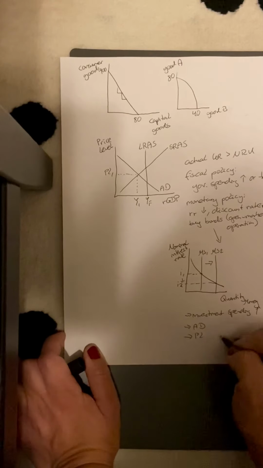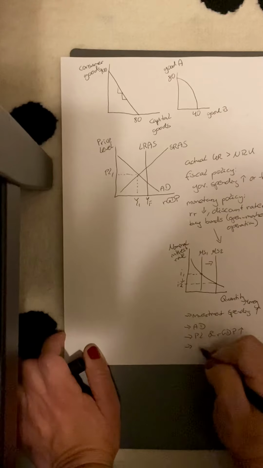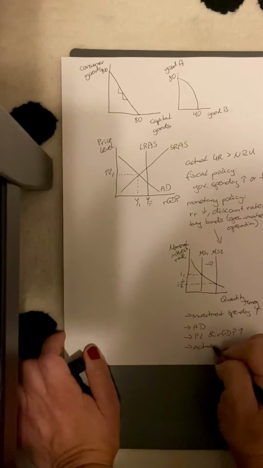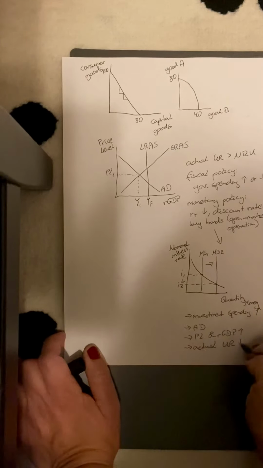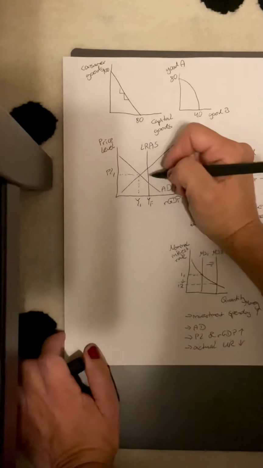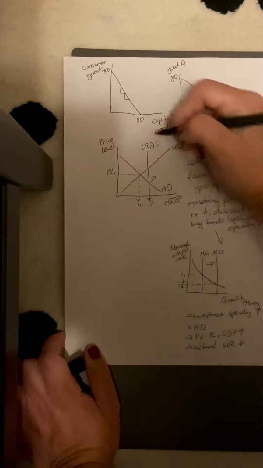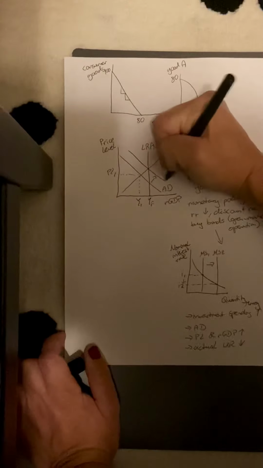So price level and real GDP up, and the actual unemployment rate down. How can we show that in the graph? With a right shift of the aggregate demand curve.